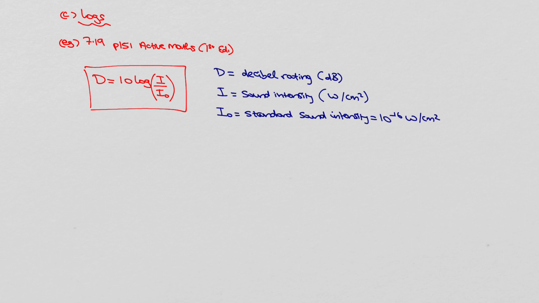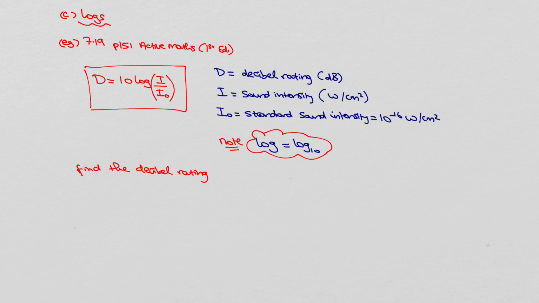Now again, if we note here, our log has no base, and we remember that when logs have no base, it's actually log to the base 10. Okay, so the question basically wants us to work out what is the decibel rating when the sound intensity, so in other words, when I is equal to 10 to the minus 10 watts per centimetres squared.